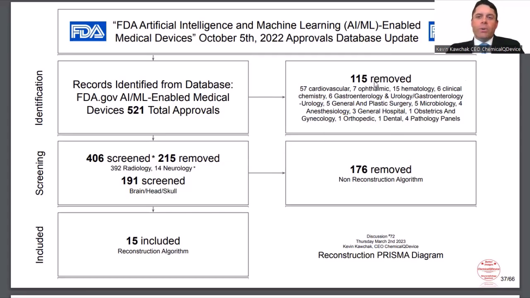Pretty standard these days. I removed 115 that weren't as related. That leaves 406. And then of these, removed 215 that weren't brain, head, or skull. That left me, actually it removed 176, and then it left me 15 reconstruction algorithms.